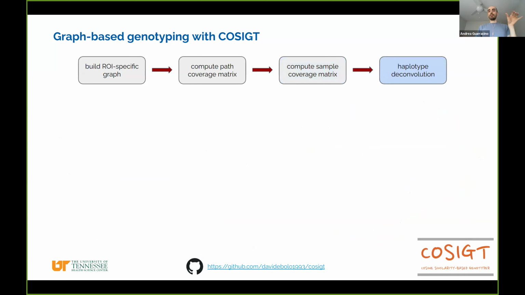So we have our specific graph, we build the path coverage matrix, we build the sample coverage matrix, and then we can execute the real genotyping. This final step is called haplotype deconvolution.